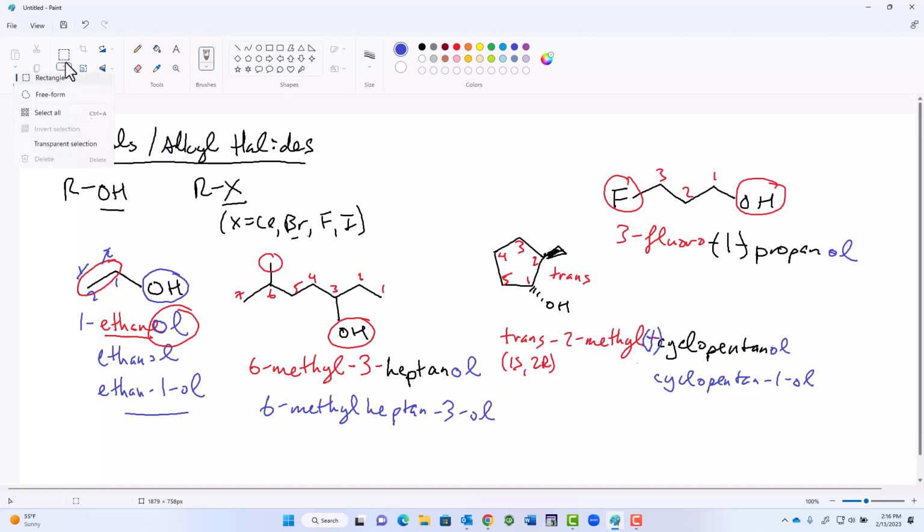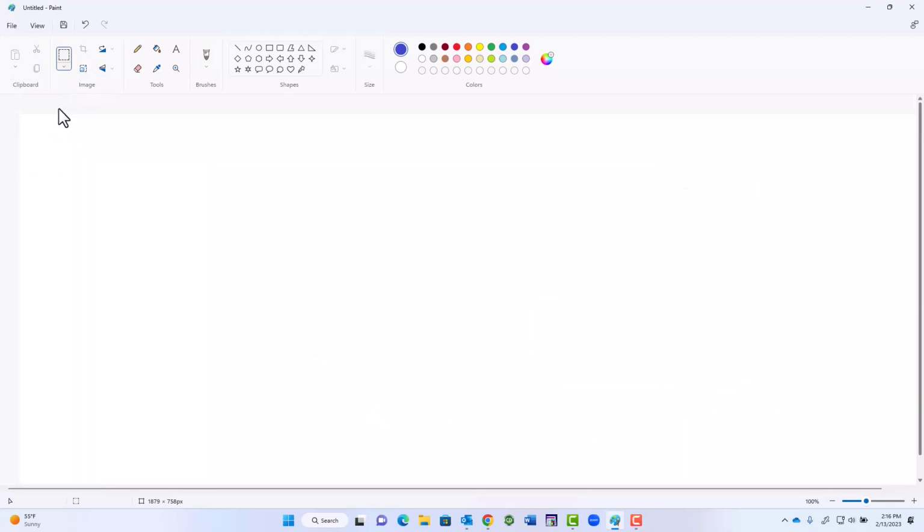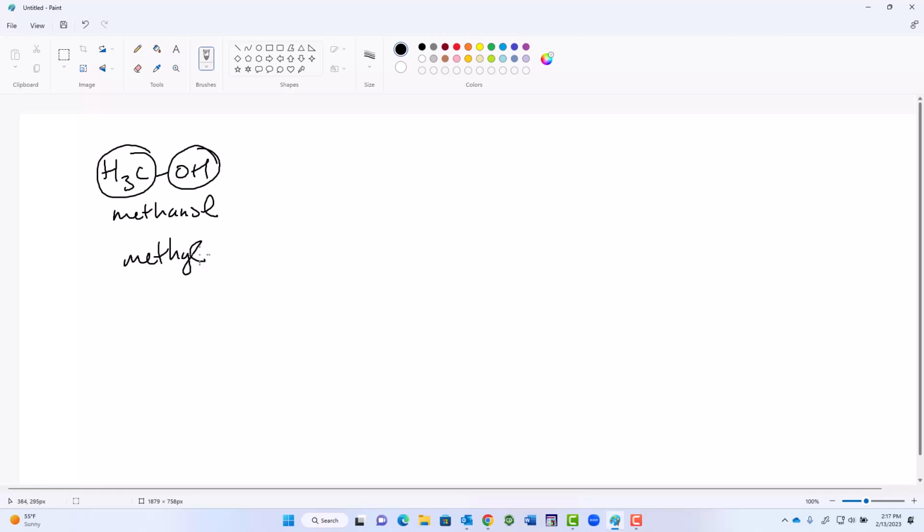Now, there are different classifications of alcohols and alkyl halides that we see, and it's often based on their substitution patterns. So if we have, for instance, H3COH, this would be methanol. If we have a methyl group attached to an alcohol, we call this a methyl alcohol, methanol.